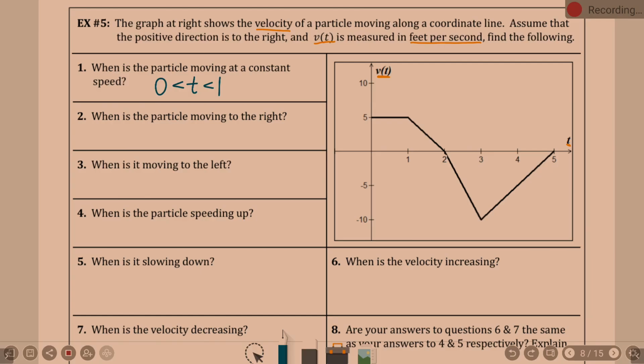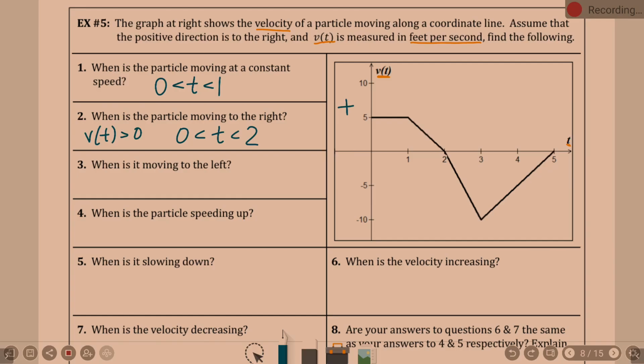A particle is going to move to the right when velocity is positive. This is a velocity graph, so the velocity is going to be positive when the graph is above the x-axis. And this graph is above the x-axis from 0 to 2.